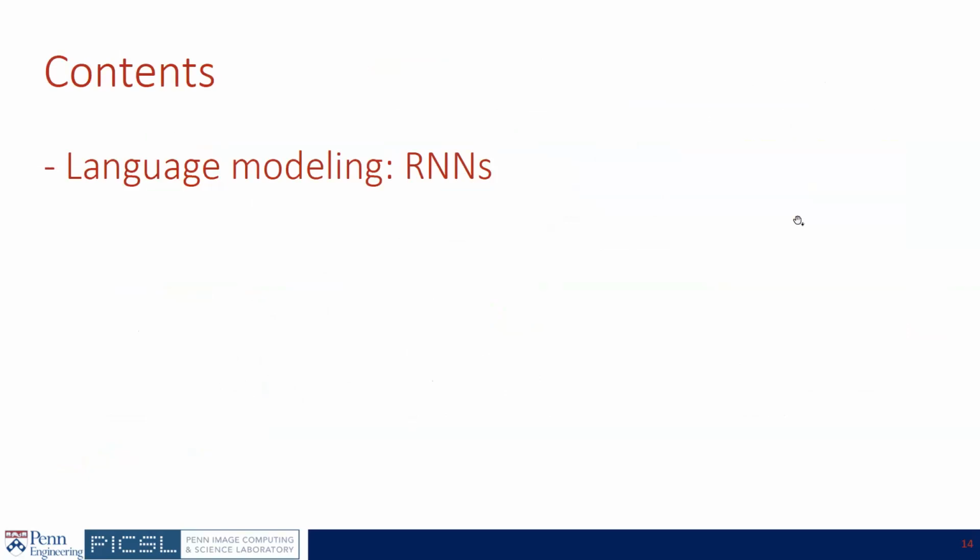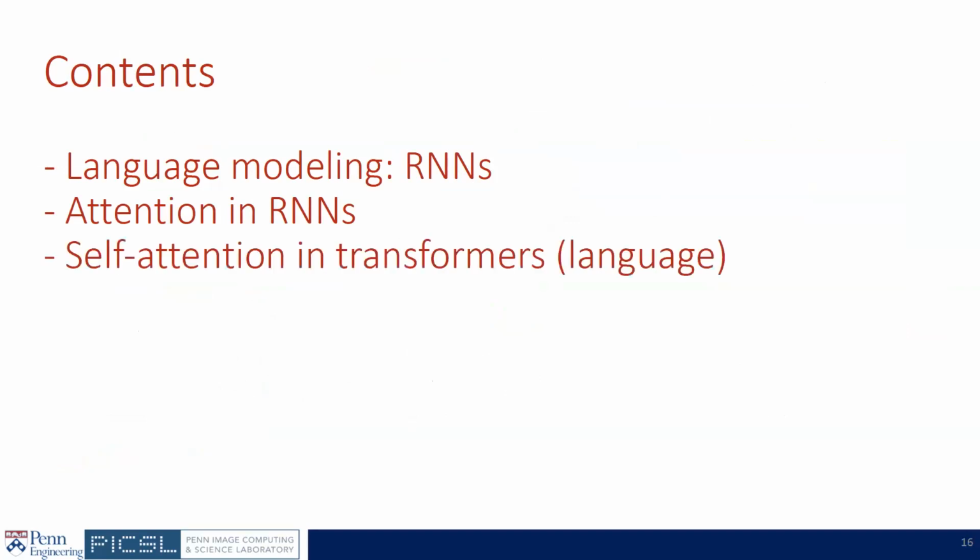Okay, so topics for today: RNNs in the context of language modeling, that is translation of a sentence from one language to another language. Then we'll see how attention mechanisms are incorporated in recurrent neural networks. Then we will see the concept of the transformer and how attention is incorporated in transformers.